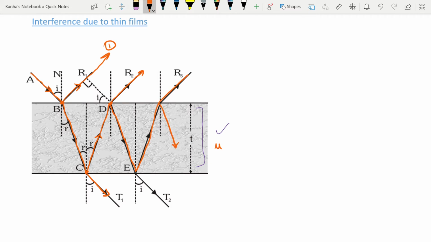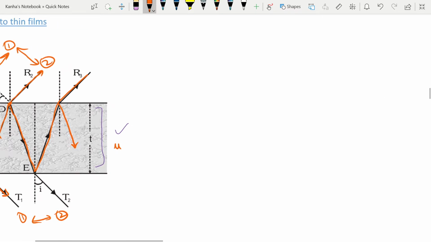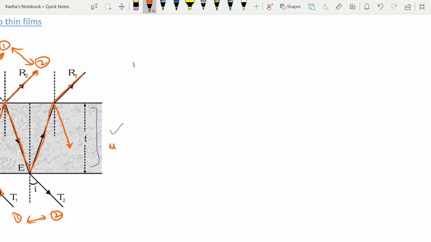Now what really happens is there is an interference between the reflected lights, and there is an interference between the transmitted lights. So how do you calculate these things? We can do it for the reflected system, which is more prominent.